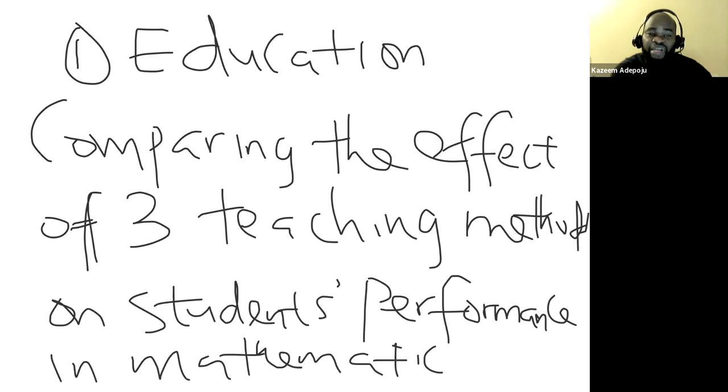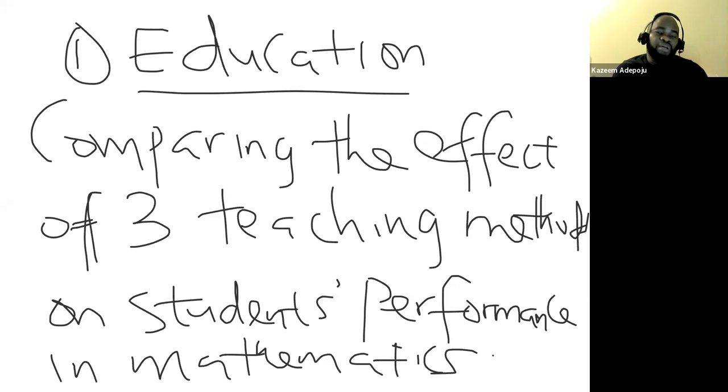Can you guys see what I wrote clearly? We're trying to compare the effect of three teaching methods on student performance in mathematics. Of course, the response variable is student performance, which is continuous. It's going to be the score in mathematics.